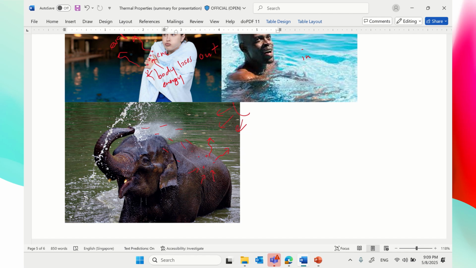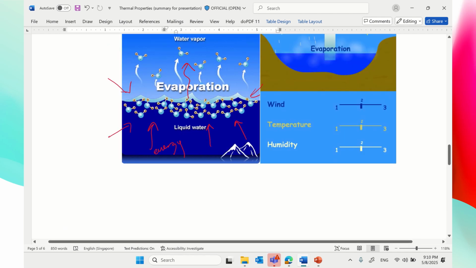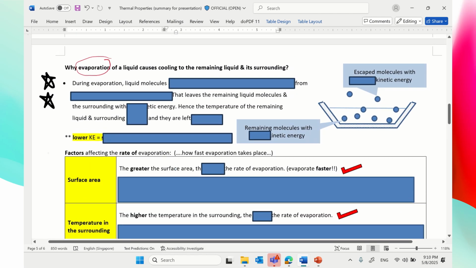So the body loses energy to the liquid molecules at the surface. Since the body loses energy, it will feel colder. All right? Now, the kinetic theory part of it, let's quickly go through.